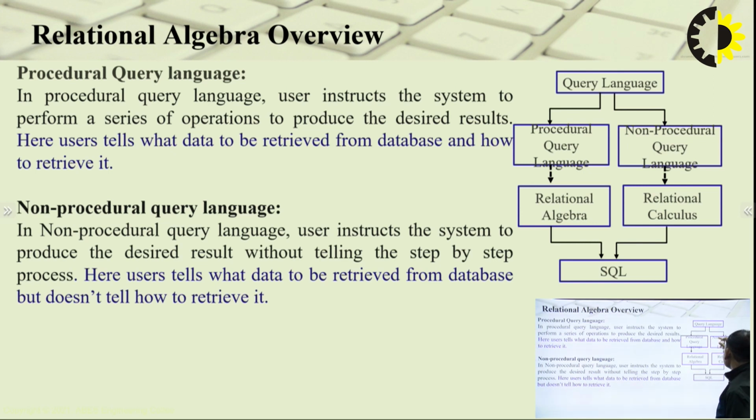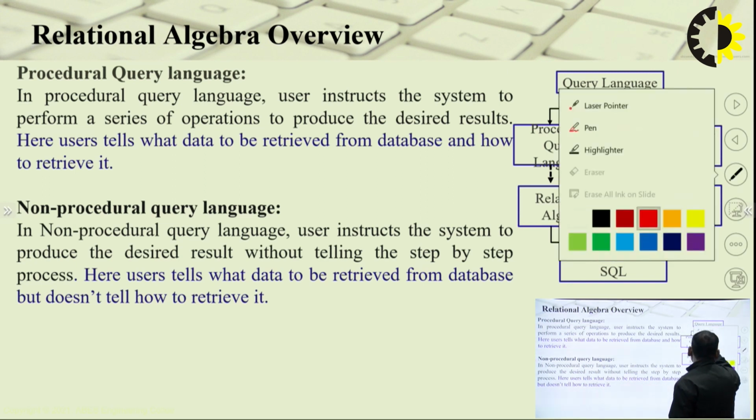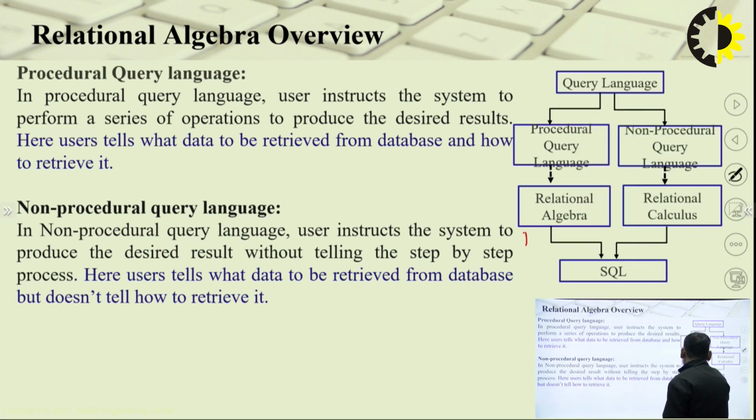These query languages are of two types, procedural and non-procedural. Procedural language is implemented by relational algebra, and non-procedural language is implemented by relational calculus. 90% of the data is implemented in relational algebra and 10% in relational calculus.